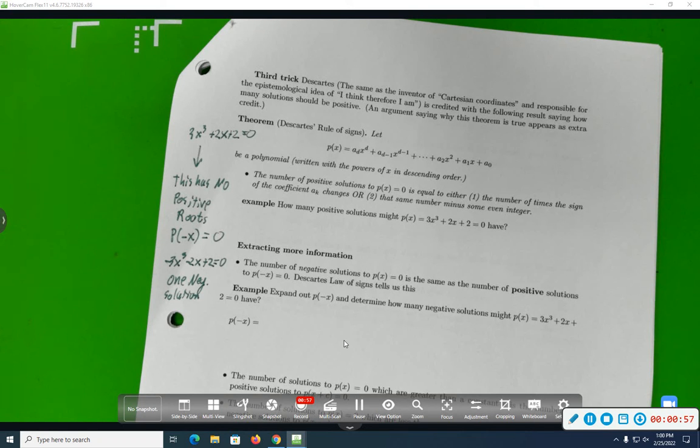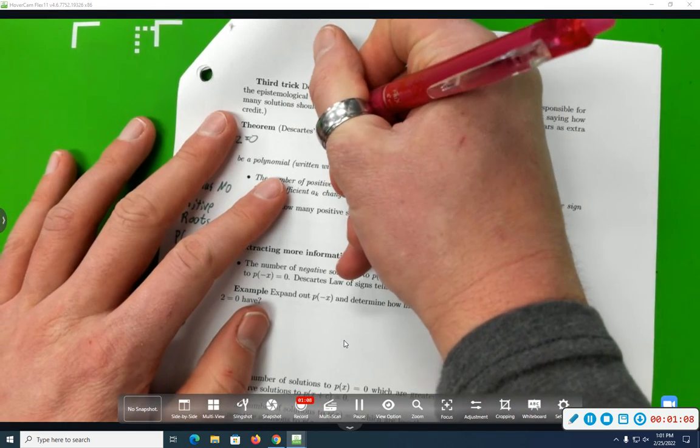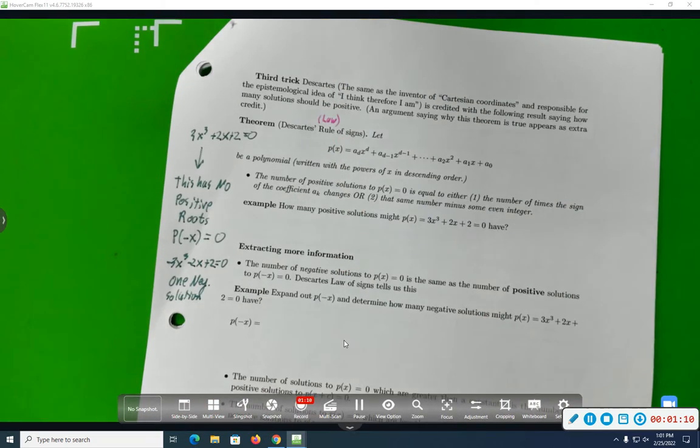So this next thing I'm going to hit is Descartes' rule of signs. I'll also often say Descartes' law of signs a lot of times. I believe the textbook says law of signs also, which says the following. Start with a polynomial. This is a polynomial equation you'd like to know something about the solutions to.